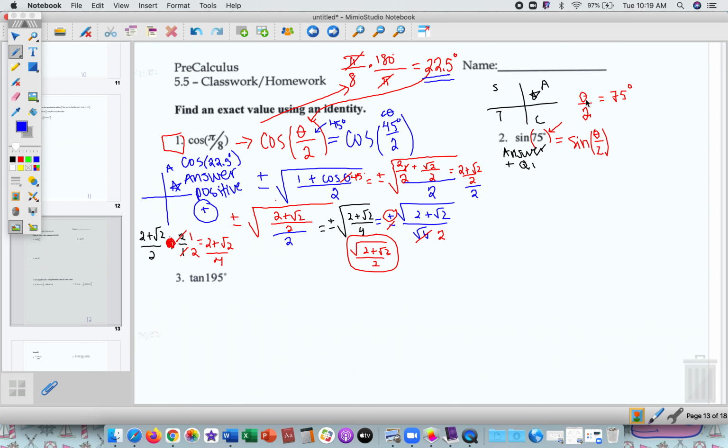If you're not sure, you can set it up and say theta over 2 needs to equal what I did have inside the parentheses. They need to be equivalent. So if you multiply both sides by 2, that's going to tell us what our theta needs to be. So 75 degrees times 2 will get us 150 degrees.